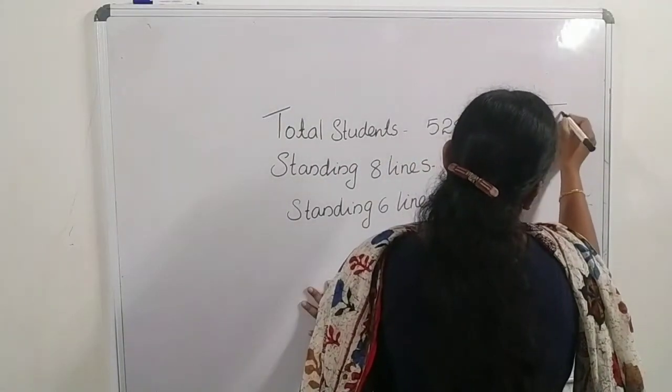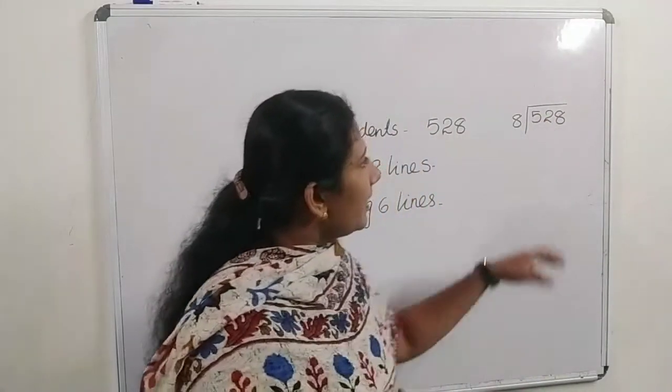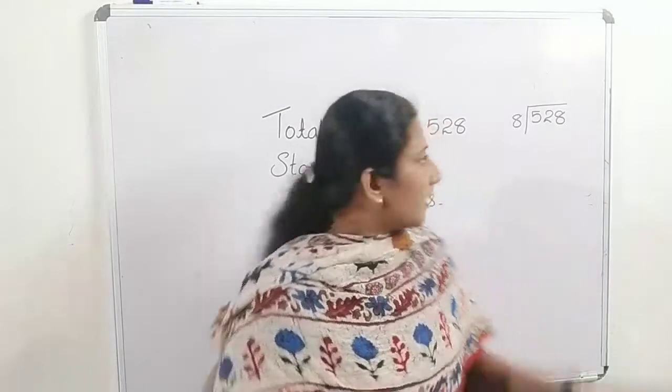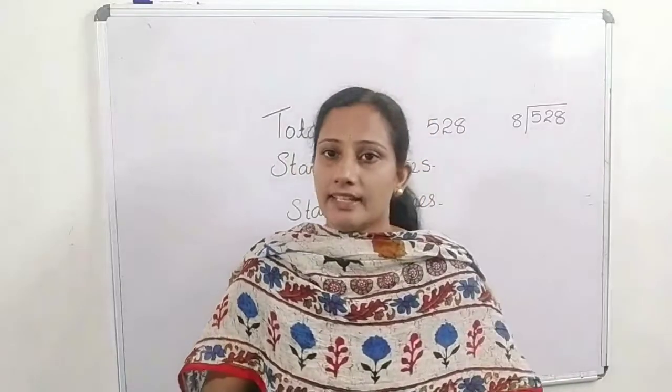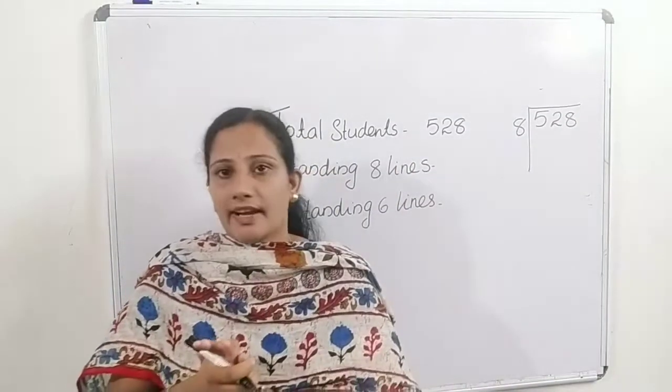Divide 528 by 8. Children, here 528 is the dividend and 8 is the divisor. Now let us divide the numbers.